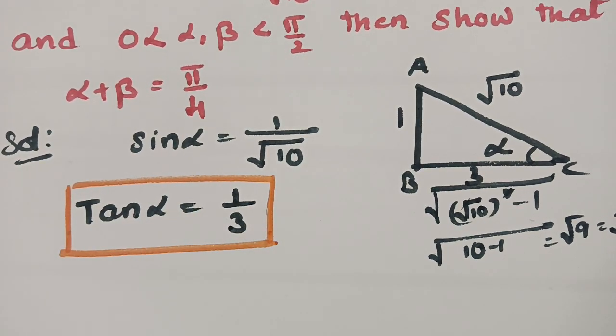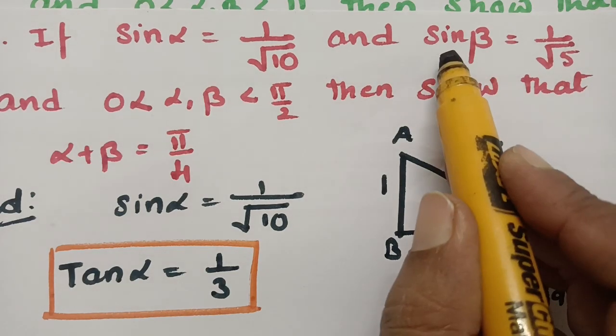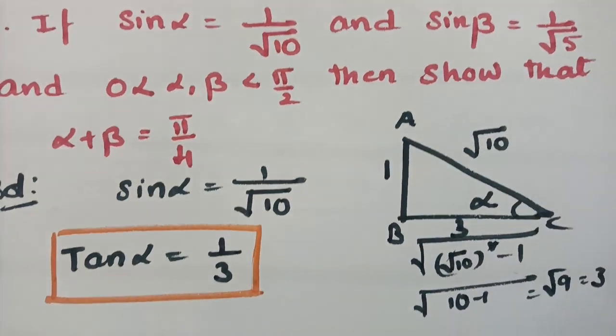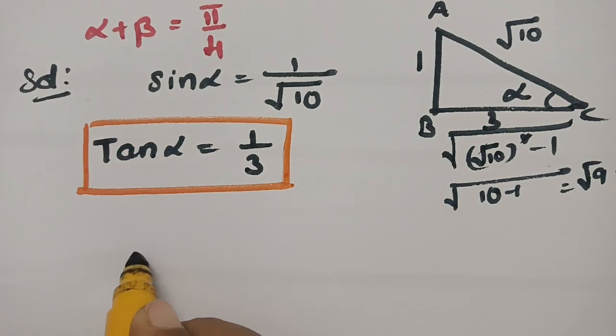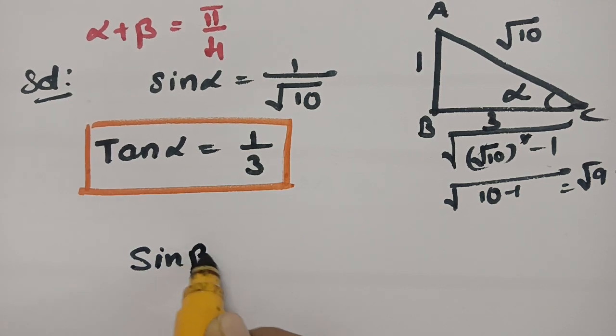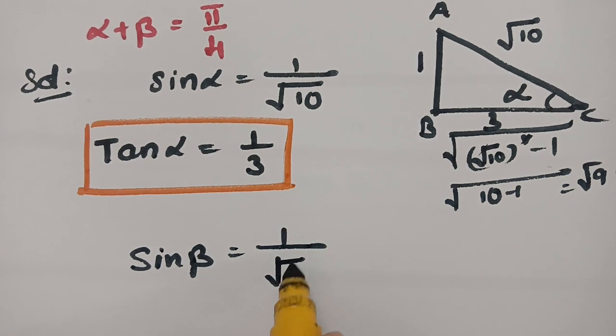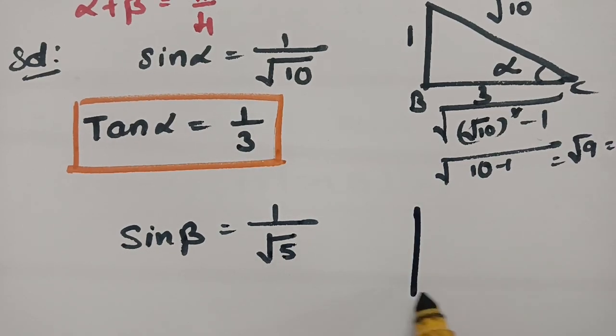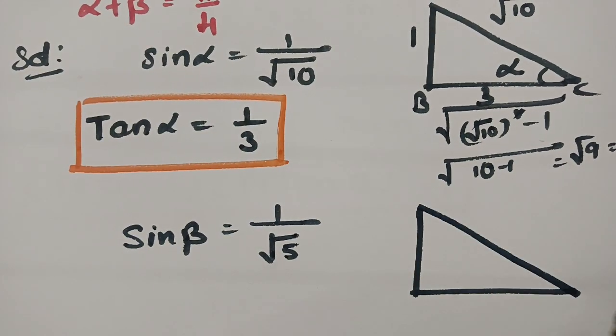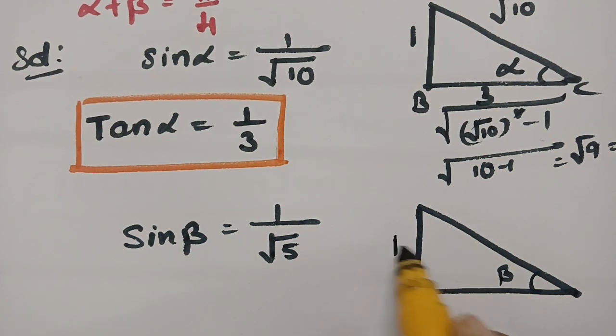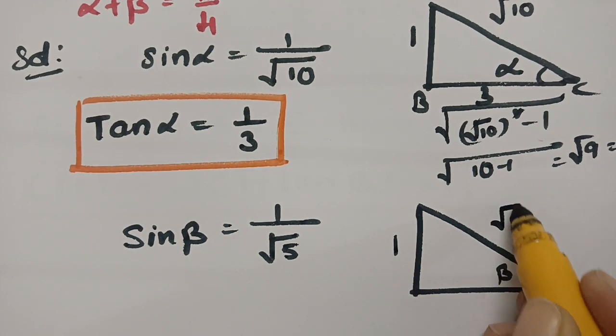And the next one, what is given? Sine beta value is given as 1 by root 5. So this is again the triangle, and this is beta angle. Sine theta is nothing but opposite side by hypotenuse.